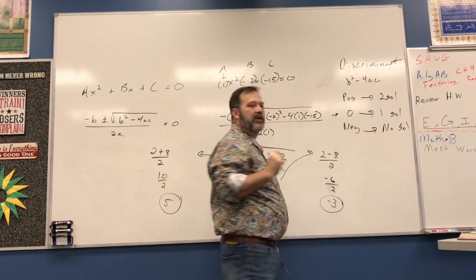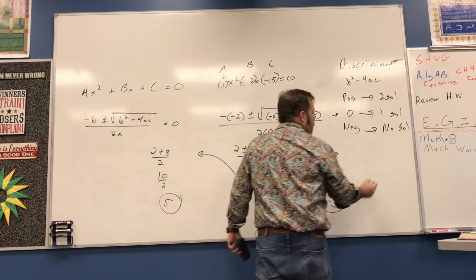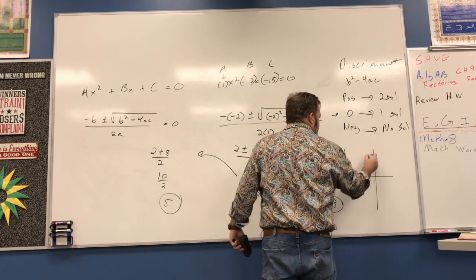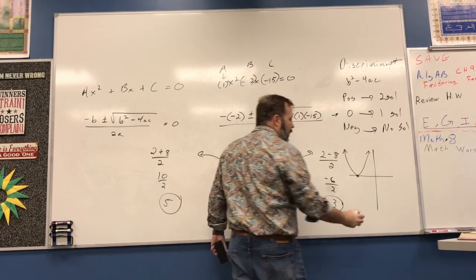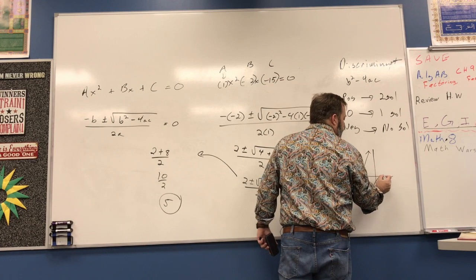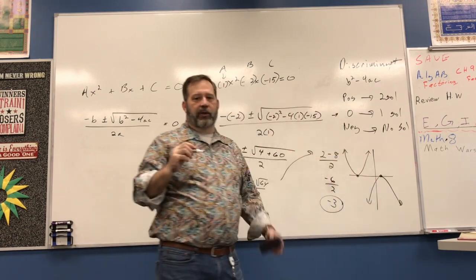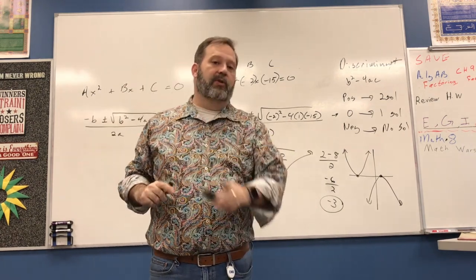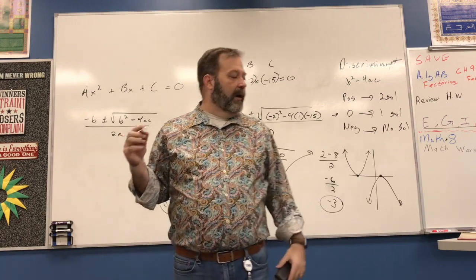How could we have one solution to a parabolic curve? One solution to a parabolic curve can look like this. It comes down, touches right at the x-axis, and the vertex is there. Or comes up from the bottom and touches in one place. So 0 as a discriminant means there is one solution. That vertex lies on the x-axis, and we're good to go.